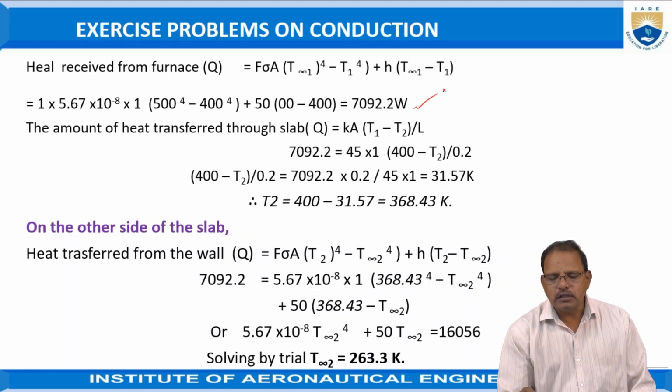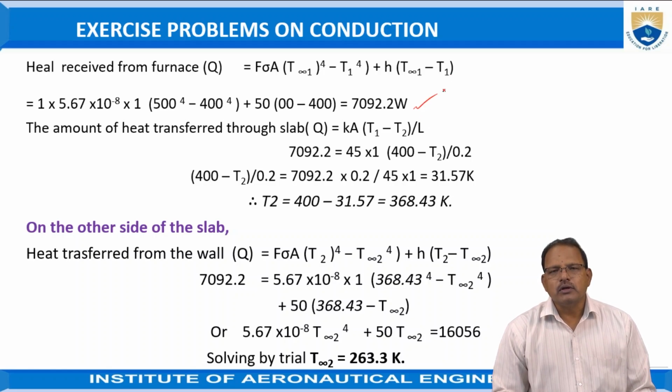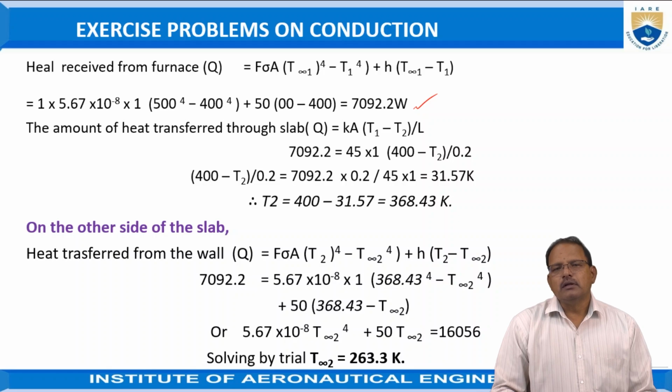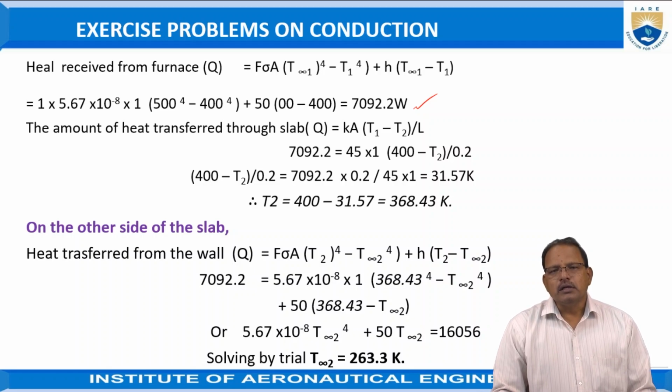On simplification, we get 7092.2 watts. This is the amount of energy flowing from the hot fluid to the inner surface of the solid or the slab.